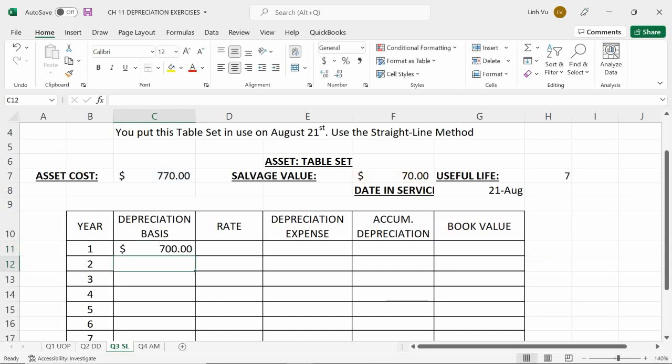All right, what's my rate going to be? 1 divided by 7. Good.